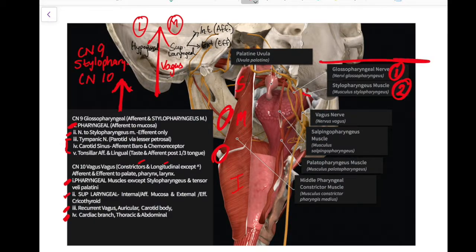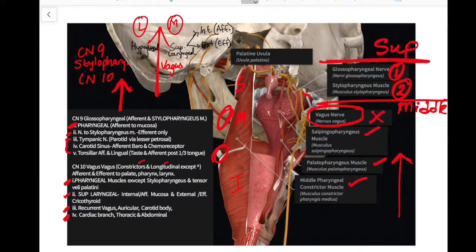They should be in between our superior constrictor and the middle constrictor. Then we have vagus, which is the arrow. Vagus will run up and will give you the branches that we just talked about. You also have salpingopharyngeus muscle, palatopharyngeus muscle, and all the constrictor muscles that are innervated by number 10, vagus.